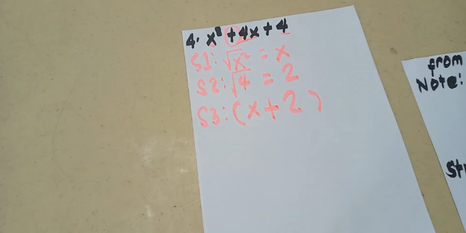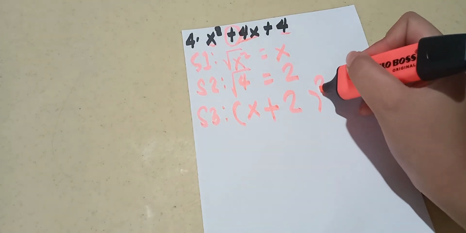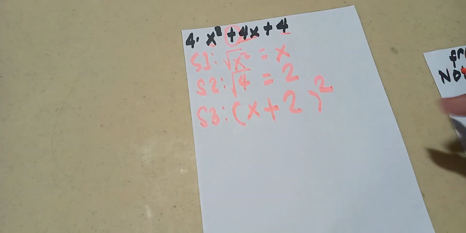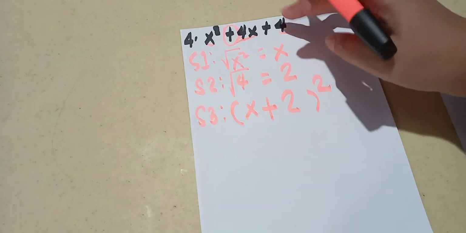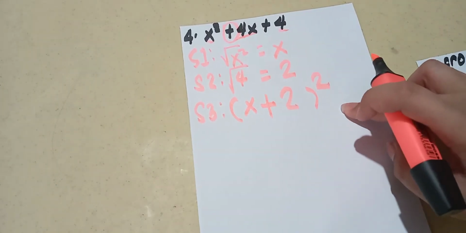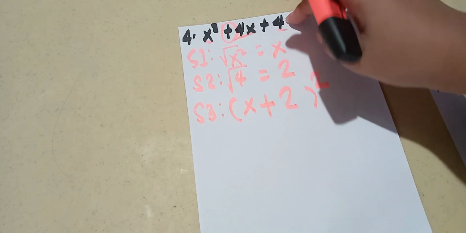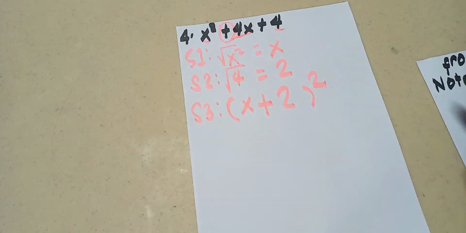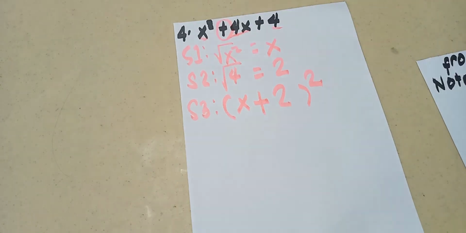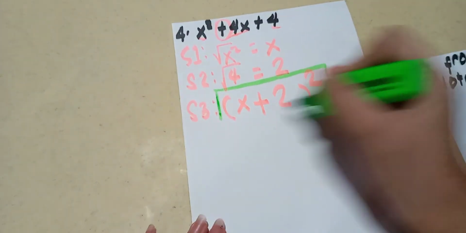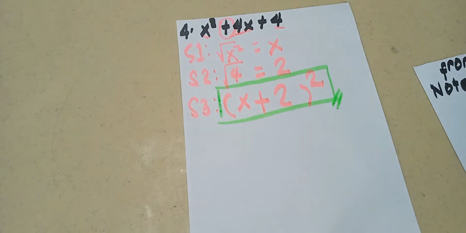The last step is to square the binomial we created. Therefore, the factor of this perfect square trinomial is x plus 2 squared. The factor of this PST is a square of a binomial. I'm going to put a box for this, our final answer.